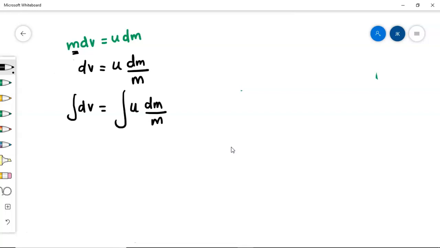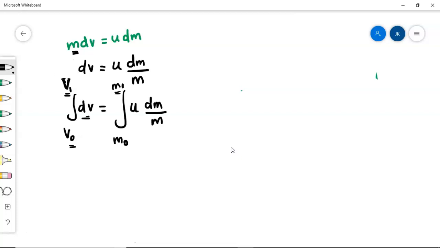Now we are going to give the limits, v0 to v1, from the initial speed to the final speed, whatever the speed at any instant that we can find from this v1, and for the mass, the initial mass to the final mass. So initially m0, final mass m1. So at any instant we can find the velocity of the rocket using this integration.